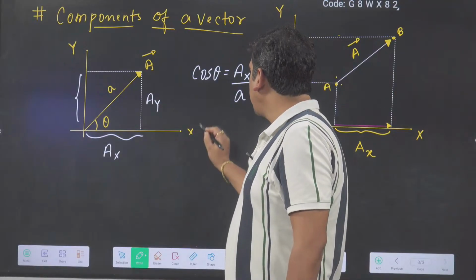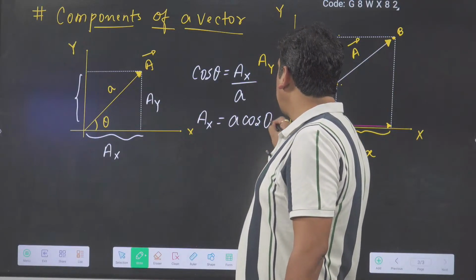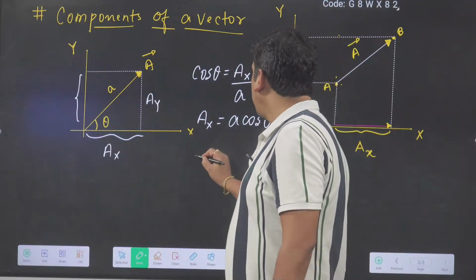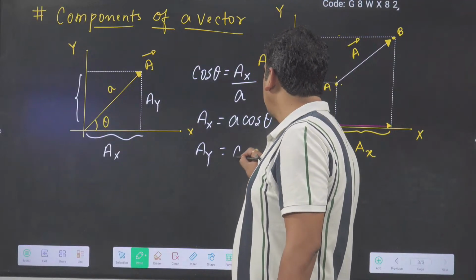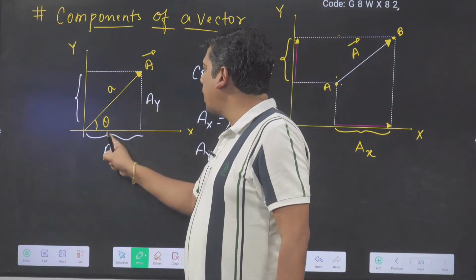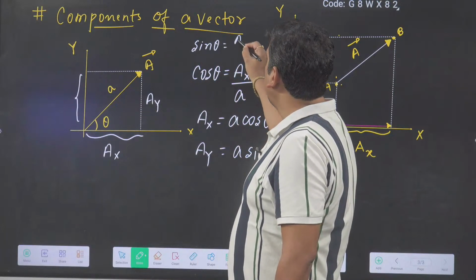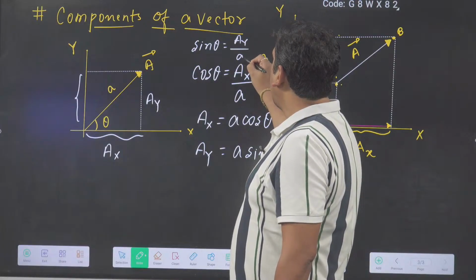So what is the value of ax we are getting, beta? a cos theta. Similarly, what will be ay? If you apply sin theta, sin theta will be ay by a, perpendicular by hypotenuse. Okay?